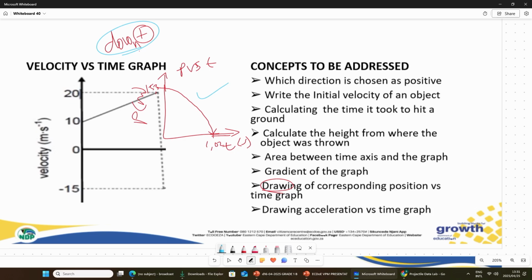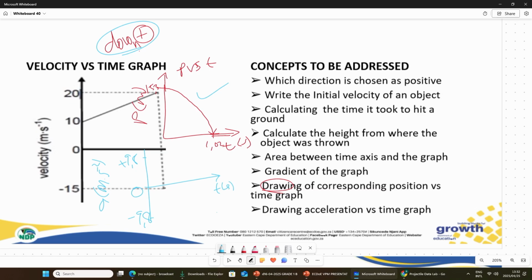Now let's quickly go to the acceleration versus time graph, the last part. We have a positive 9,8 here. On the y-axis we have acceleration in meters per second squared, and on the time axis we have time in seconds.